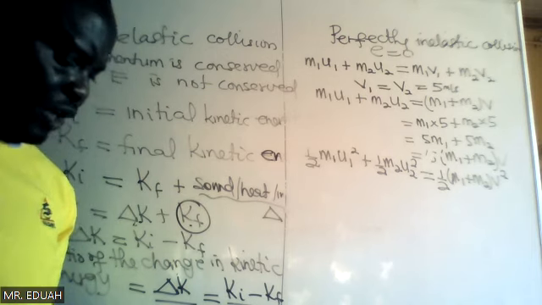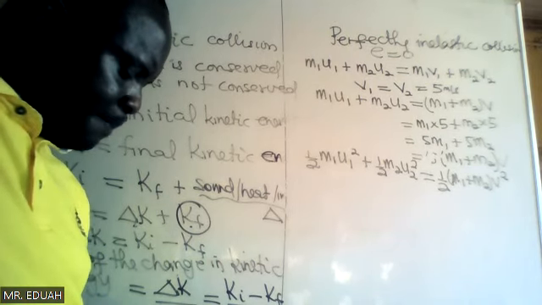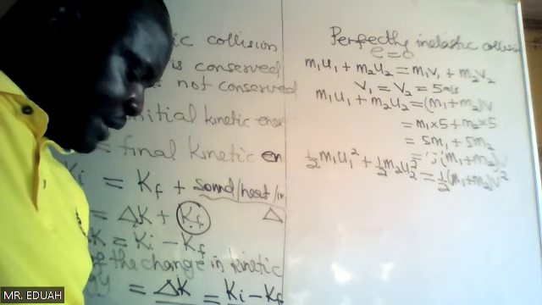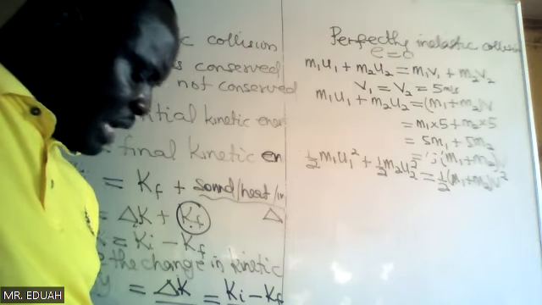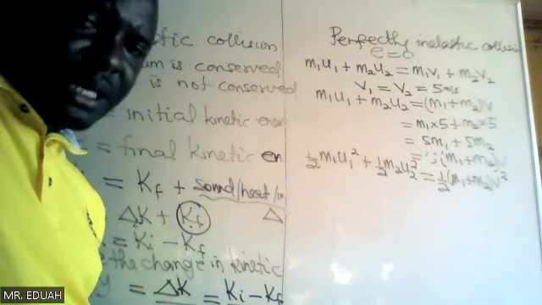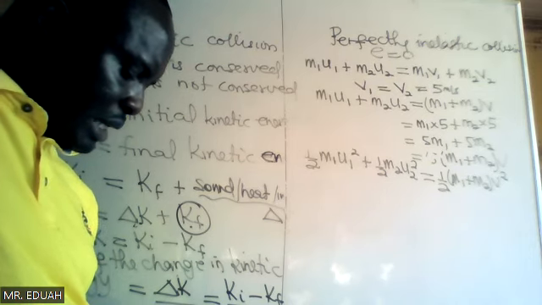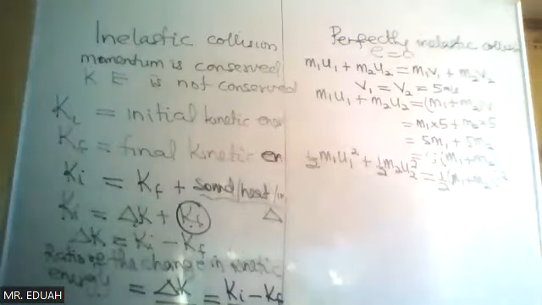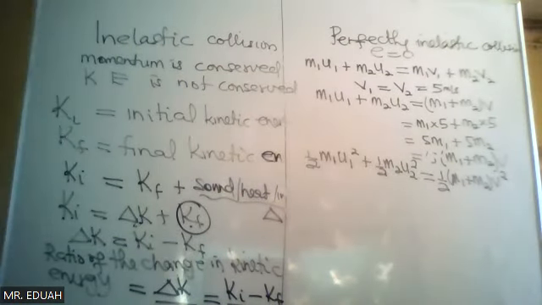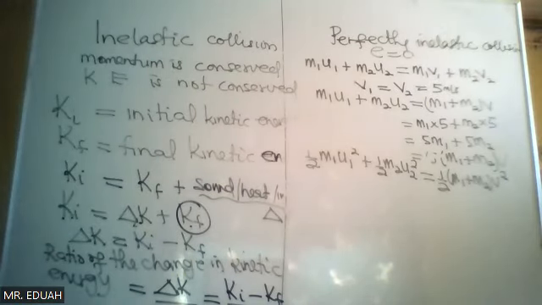A heavy duty truck with a mass of 3 times 10 to the power 4 kilograms traveling at 15 meters per second collides with another similar truck of mass 2 times 10 to the power 4 kilograms and traveling at 10 meters per second. They move together after the collision.